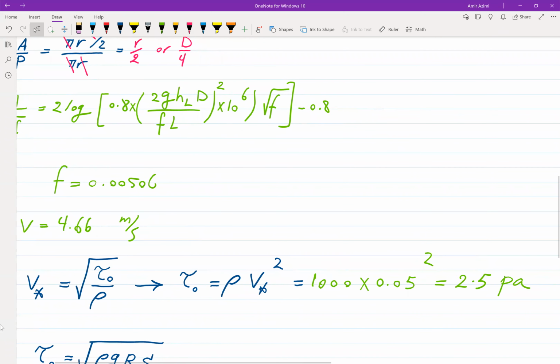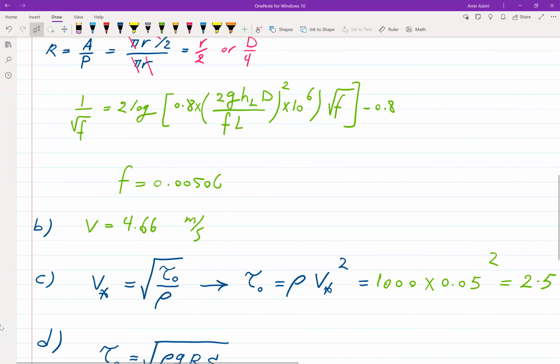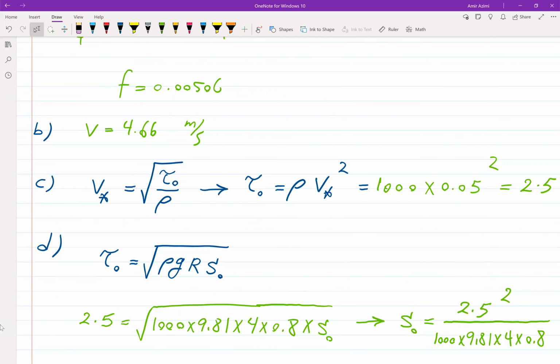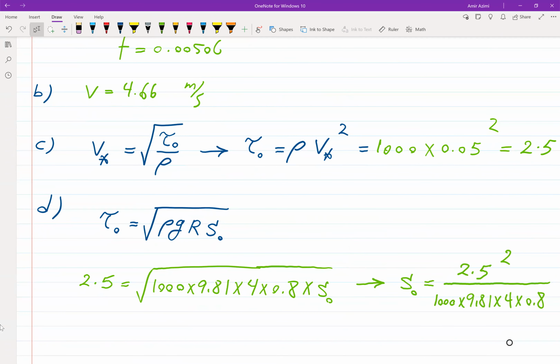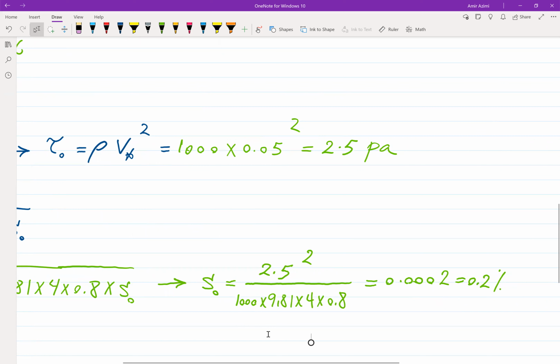So density is 1,000 kilograms per cubic meter, multiplied by the given shear velocity squared, and then you have the shear stress. And in part D, shear velocity is the square root of rho g R S, so 0.05 equals the square root of 1,000 times g times R, which is diameter over 4, multiplied by the slope. If you calculate the slope, you will get 0.0002 or 0.2%.